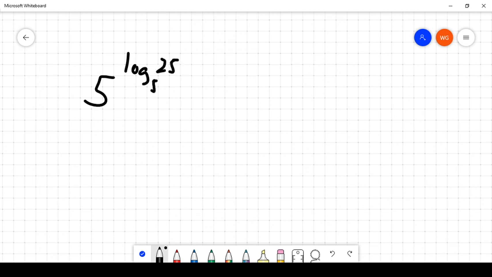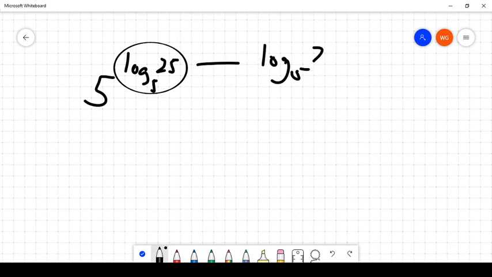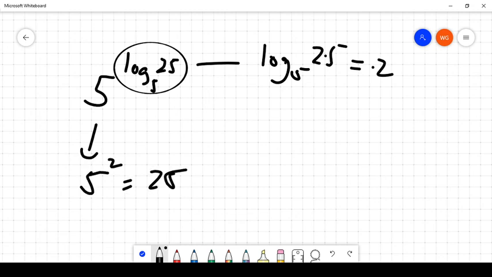In other words, what does that equal? Well, to figure out what that equals, we should first of all evaluate that. What is log base 5 of 25? Well, what would I have to raise 5 by to get 25? And the answer is that's equal to 2. So my real question now becomes 5 squared, which is 25. And that would be the answer to that question, 25.